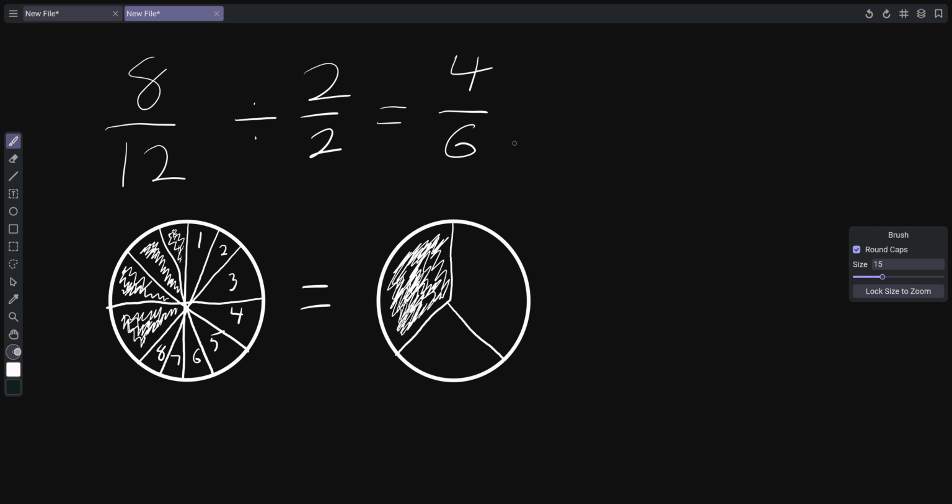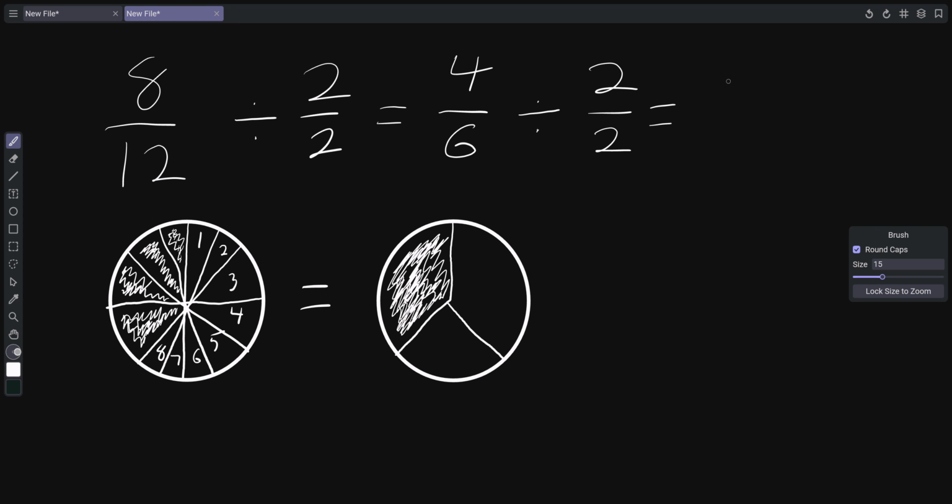And now I can see that there's another number that can be taken out from 4 and 6. It's not another number, it's actually the same number in this case. It would just be 2 again. So I could divide the numerator and the denominator by 2 a second time.